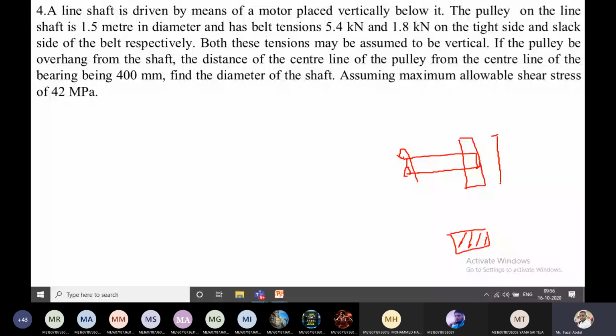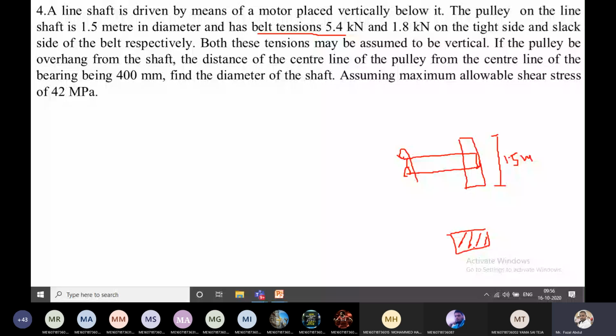The belt tensions are 5.4 kilonewtons and 1.8 kilonewtons. What type of system is given here? A power transmission system by belt drives. You have already studied this topic in theory of machines; for the A section people, I taught the belt transmission system. So the belt drive has tensions 5.4 and 1.8.